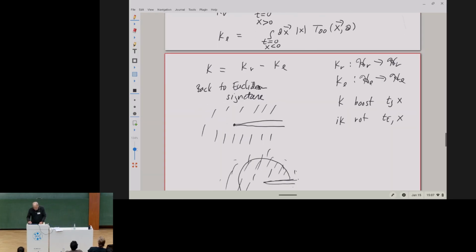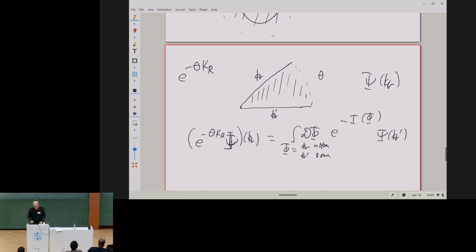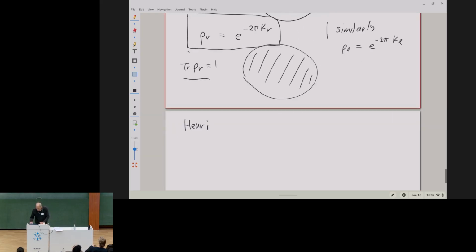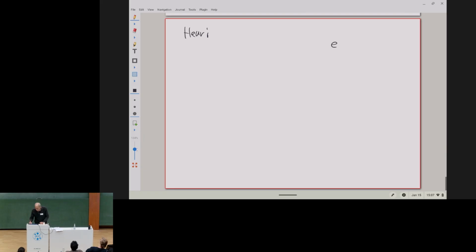I think the question is, why does the path integral in a wedge compute the action of e to the minus theta KR? Is that the question? Well, let's start with the more elementary question. Suppose we were trying to compute e to the minus theta times H. What kind of path integral would compute that?